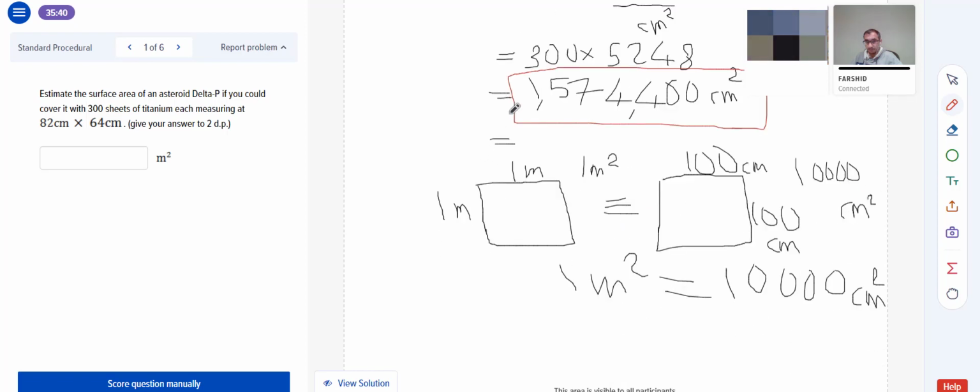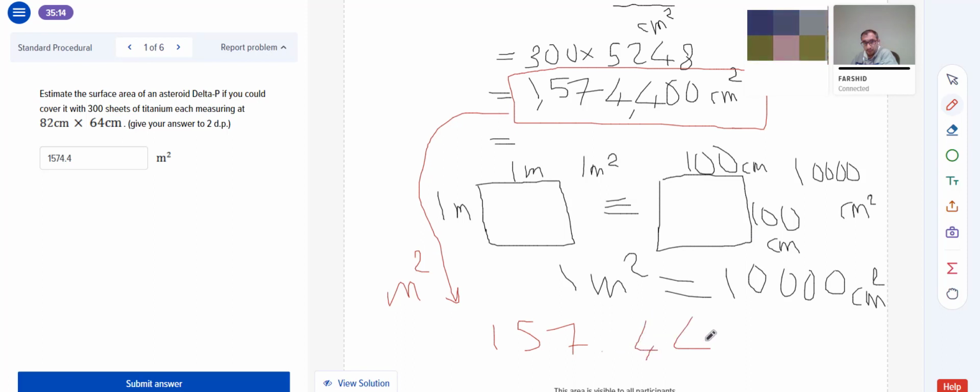So, that would be 1574.4 square meters. No. 157, and then you will have 4.